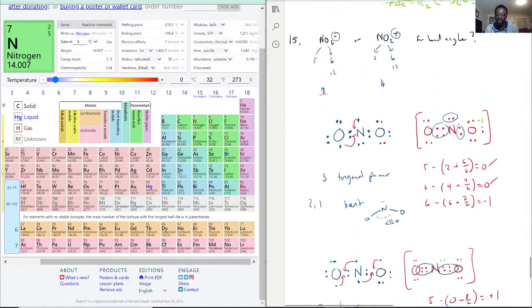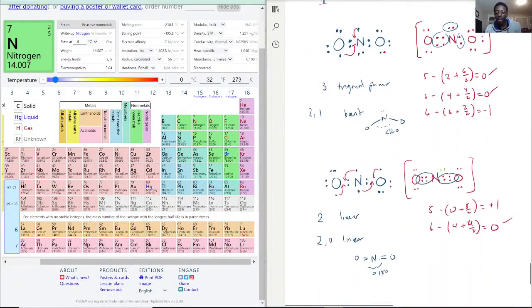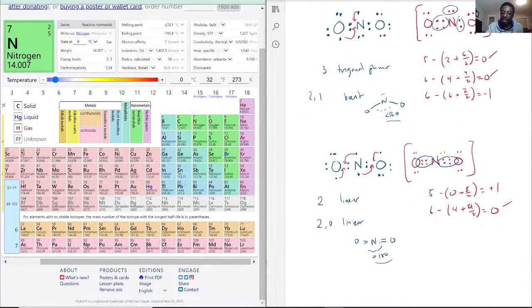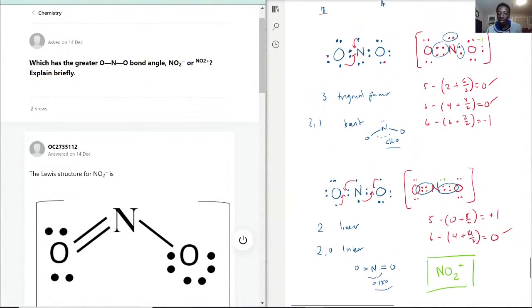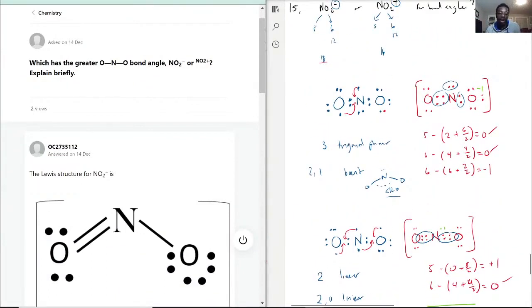And so they asked in the original question, which has the greatest bond angle? Based on everything we've done so far, we have one that's less than 120 and one that's 180. So the NO2 plus, that would be our answer, is going to have the greater bond angle between the two, because based on the Lewis structure and the electron and molecular geometry, that one is going to be a linear shape, while the NO2 minus is going to be a trigonal planar, which goes down to a bent shape.